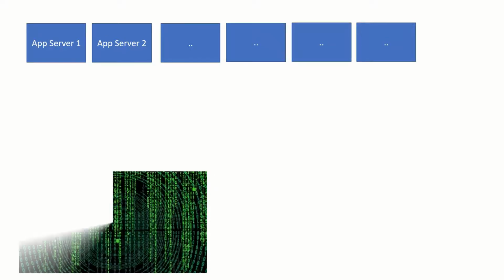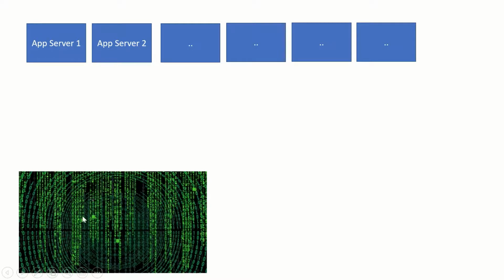Now the task is to analyze the data. The data is unstructured, kind of a matrix, and it is very difficult to understand the error or root cause from this kind of data.